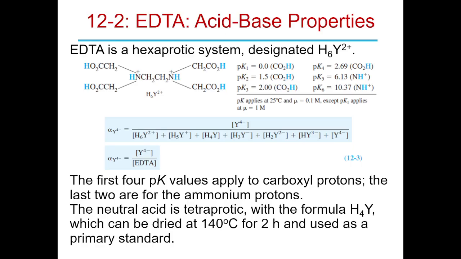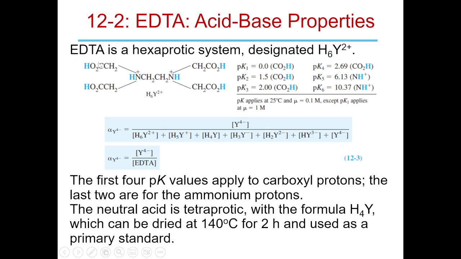All right, so EDTA is a hexaprotic system. When it's fully protonated, it would be designated H6Y2+, with the 2+ coming from the amines, right? It'll have the positive charges. Okay. And so it has 6 pKa's for losing protons from this.